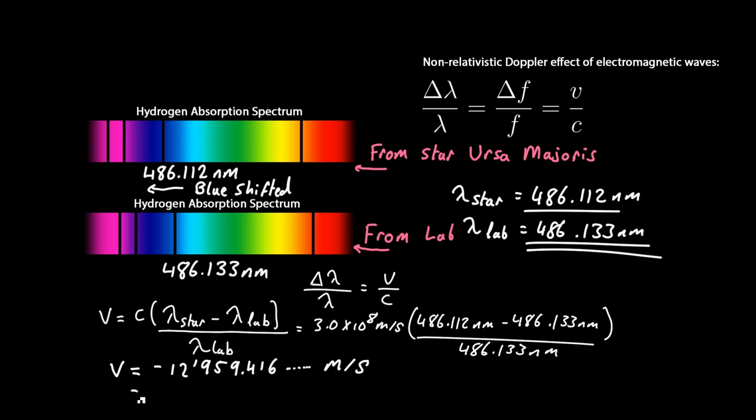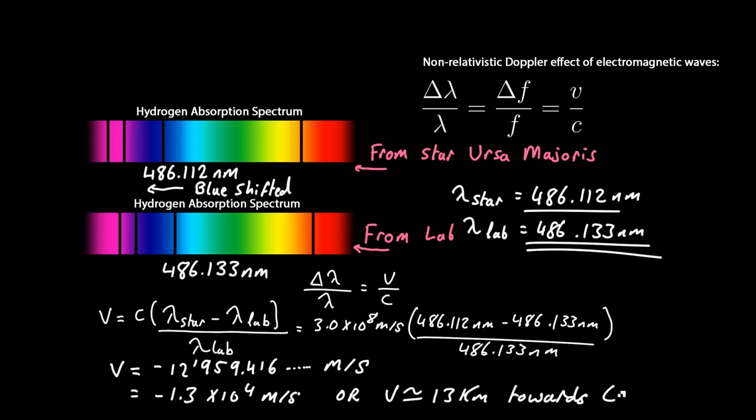But because our smallest value here, which is the value for the speed of light, is only accurate to two significant figures, then our final answer can only be accurate to two significant figures. So I get an answer of negative 1.3 times 10 to the 4 meters per second. Now the negative sign means that the object is moving towards us at 13 kilometers per second.